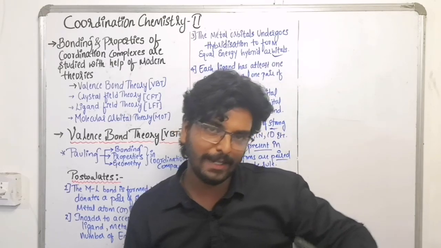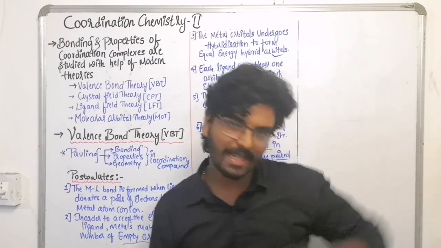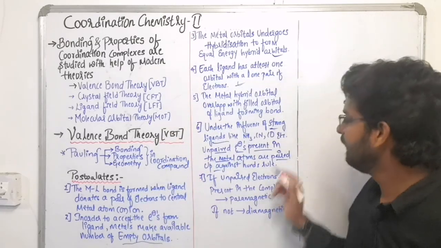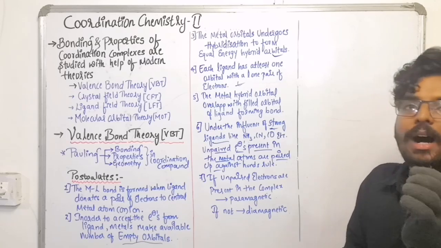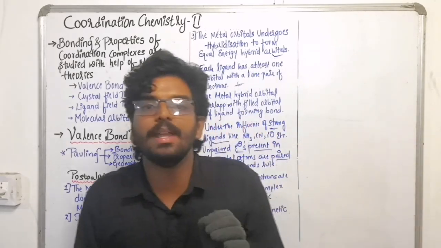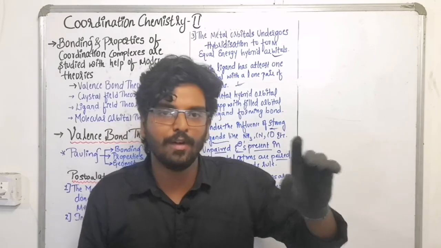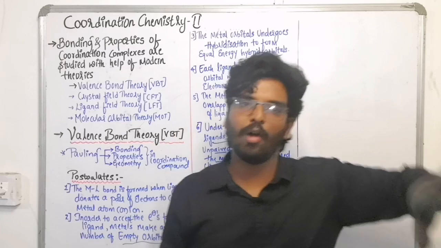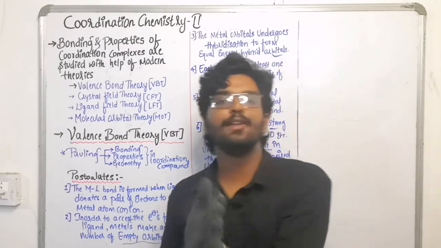So before going into that step, if there is a strong ligand, what is happening? If the unpaired electrons are present in the metal orbital, they get paired up under the influence of the strong ligand. So in ligands, we are having two types: one is a strong field ligand, another one is the weak field ligand.